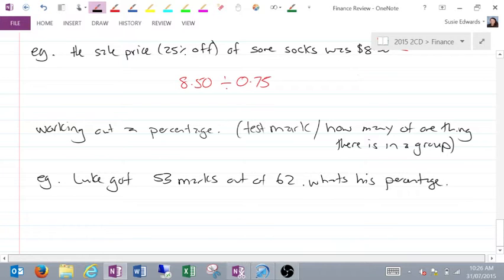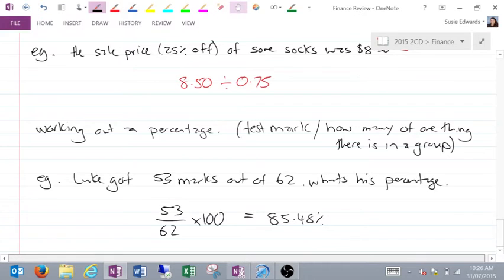You guys all know how to do this. This way, we go 53 over 62 times by 100. What's the answer, Yogi? Okay, so this is about actually being able to find a percentage.